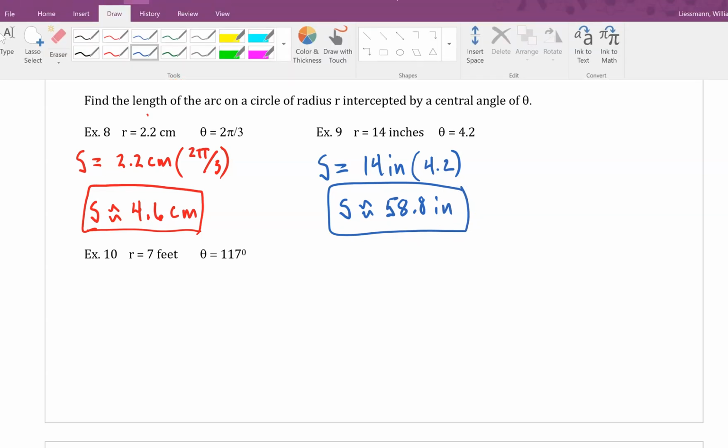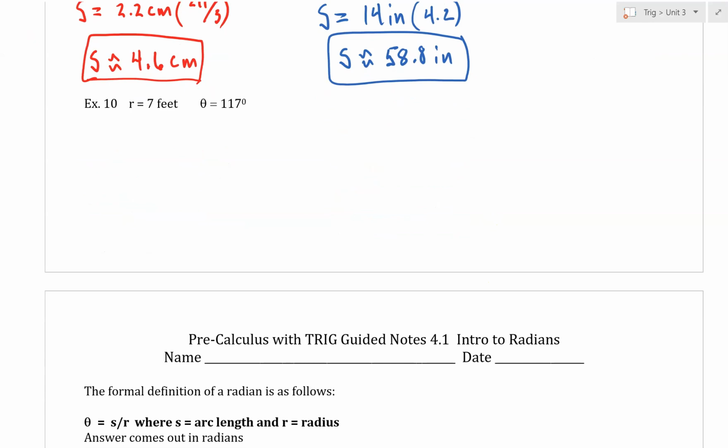The next one, example number 10, the radius is 7 feet and the theta value is 117 degrees. Now this is in degrees, so we need to convert it to radians before we can do this. But we can do it all at once. S is equal to 7 feet multiplied by 117 degrees, and I convert it by multiplying by pi over 180 degrees.